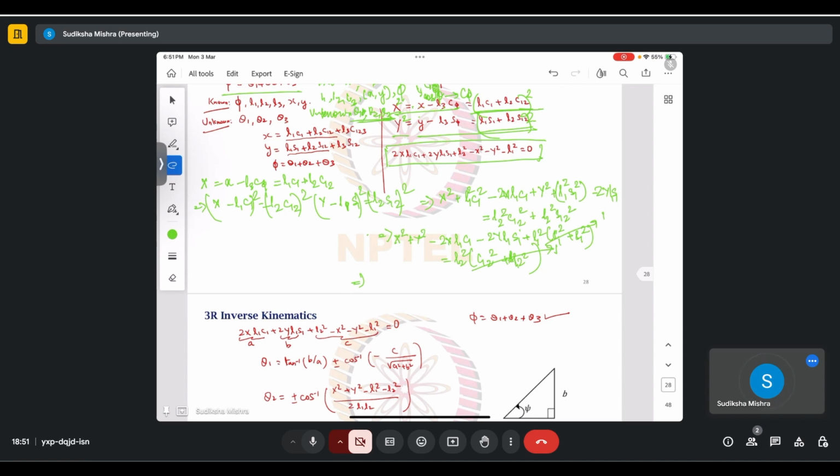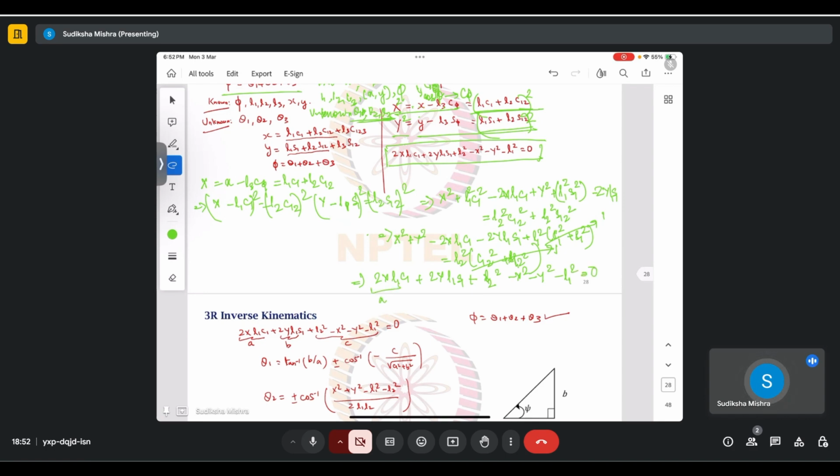So if you were to get all of the terms to one side, 2x L1 C1 plus 2y L1 S1 plus L2 square minus x square minus y square minus L1 square becomes 0.